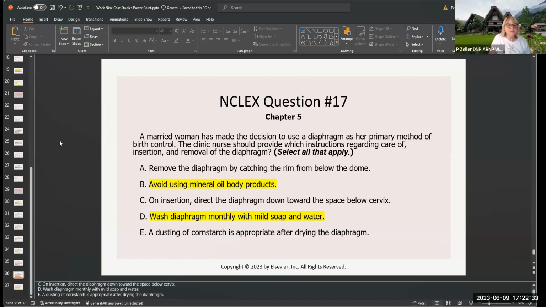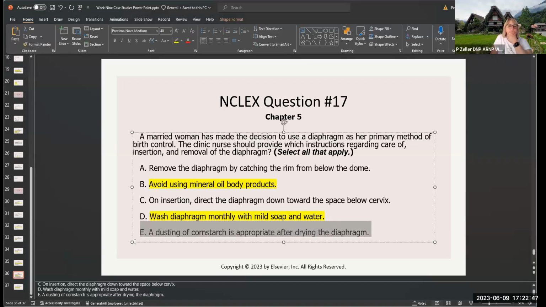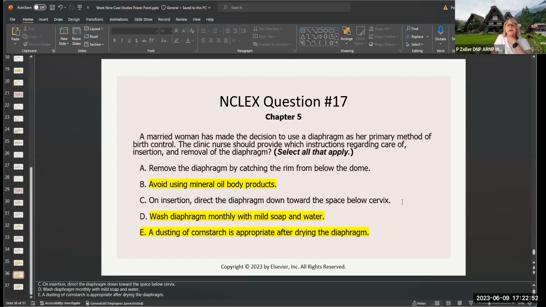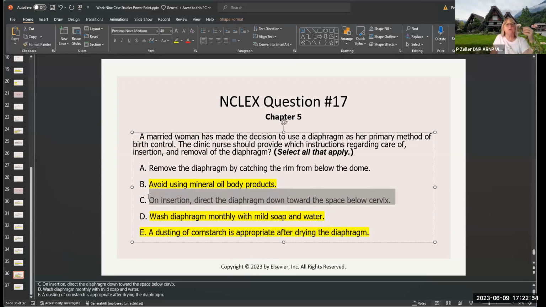Well, actually, let's see what it says here. It does say dusting of cornstarch is after drying the diaphragm. Huh. Yeah, you're right. And directing it down below the cervix so it'll go behind the cervix.